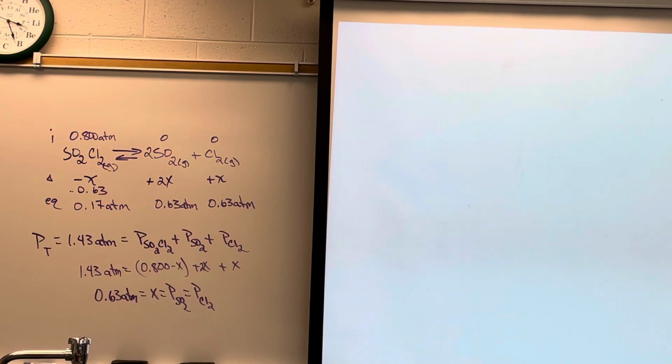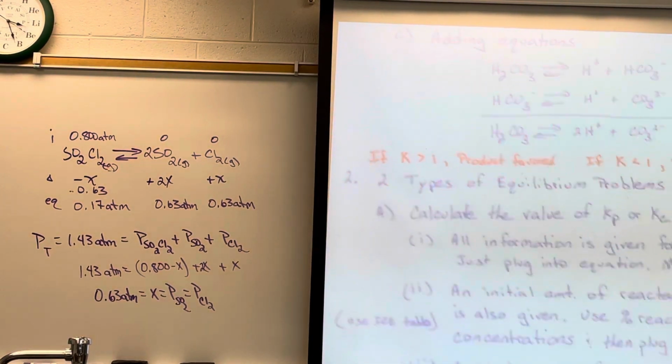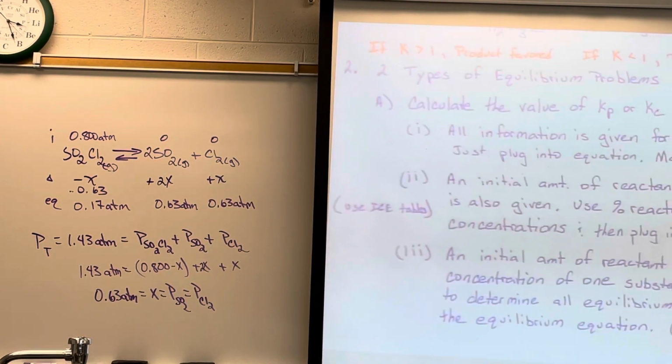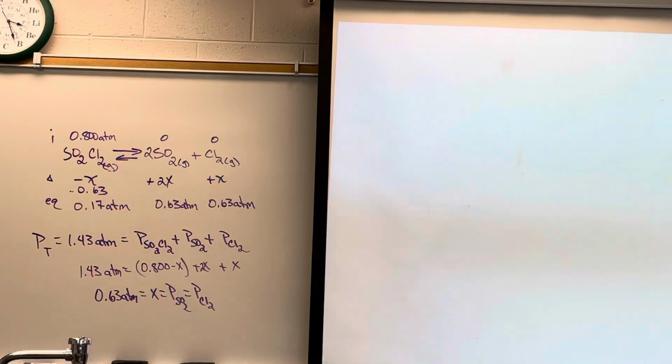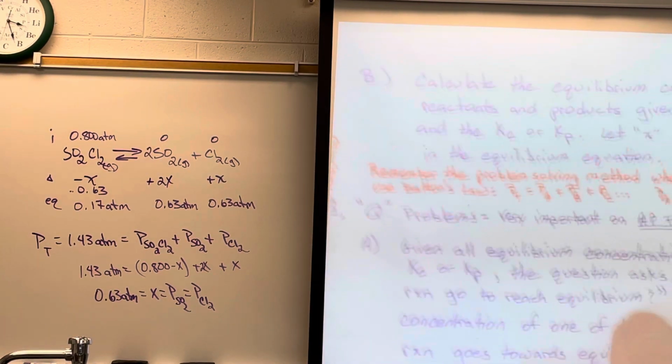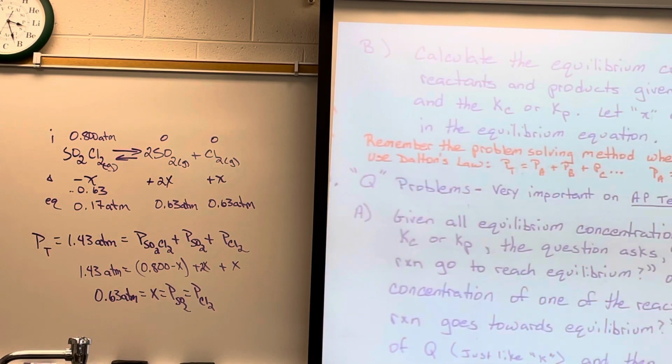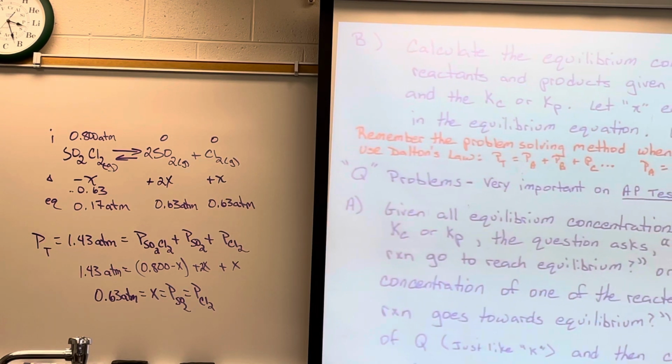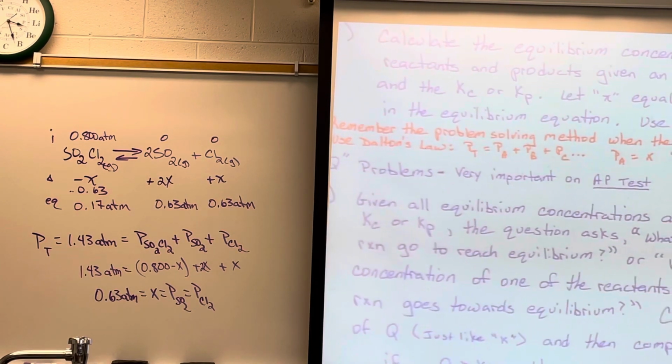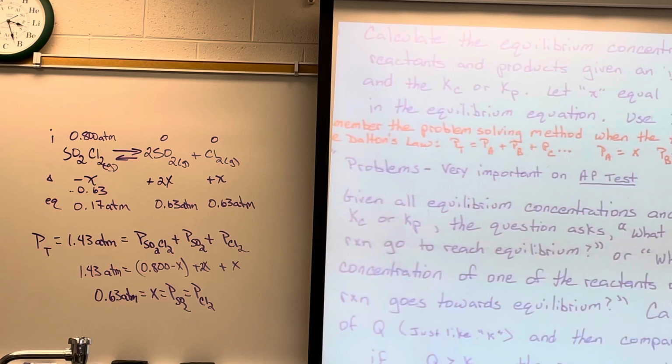All right, so those are 2 types of equilibrium. That's our first type right there. And so our second type is calculate the equilibrium concentrations of all reactants given an initial concentration and the Kc or Kp. That's where you let X equal, and then here's what I put in red.